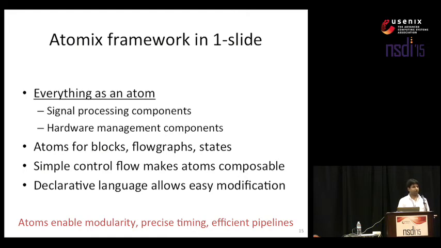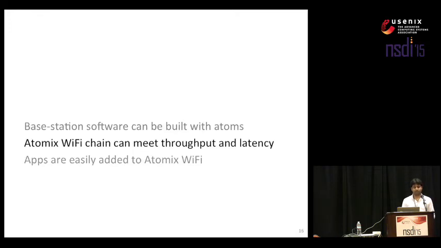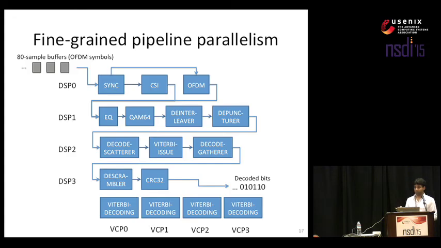So now that I've conveyed that you can actually build your entire signal processing chain using atoms, let me also show you that this can continue to achieve hardware-like performance by using the example of Wi-Fi. So we actually implemented the entire Wi-Fi 54 Mbps receiver, which is standard compliant. And what I show you here is an overview of the allocation that we created using atoms only.